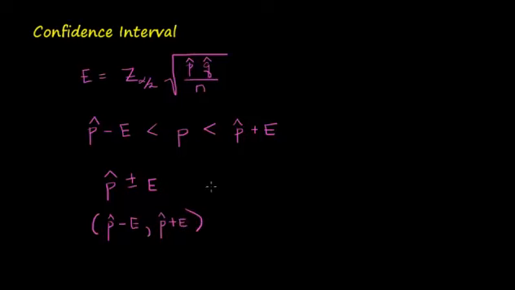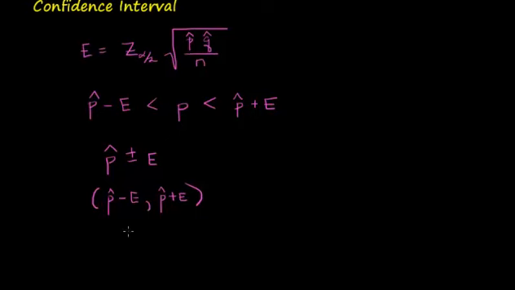So these are just 3 different ways to report a confidence interval, or 3 different ways you can be given a confidence interval in a problem. Sometimes you'll be given a confidence interval and asked to calculate P hat and E. These are the steps that we'll go through, and then we'll need a round-off rule.